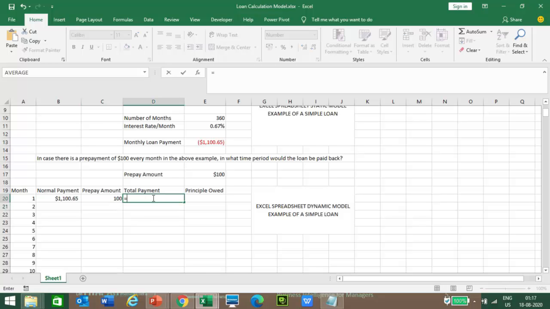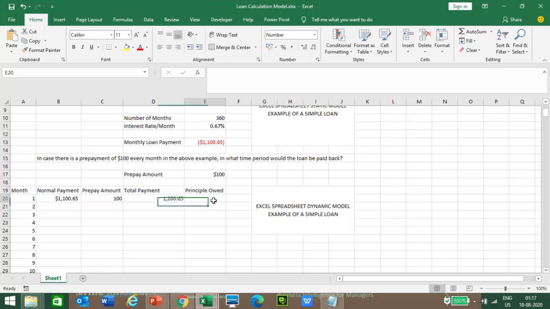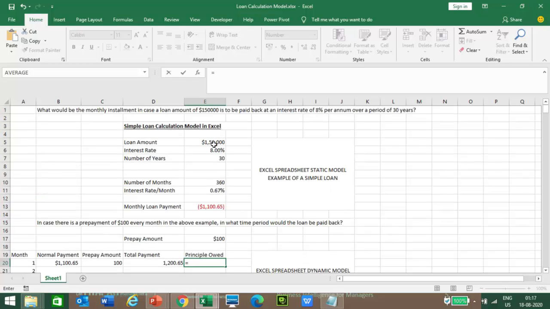So the total payment amount is equivalent to this plus this, and the principal owed will be equal to this minus this.